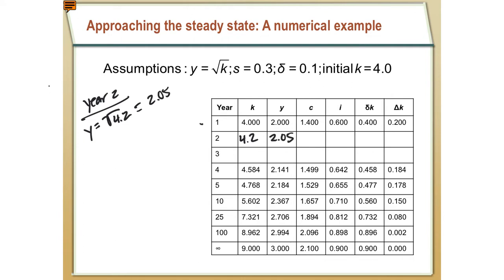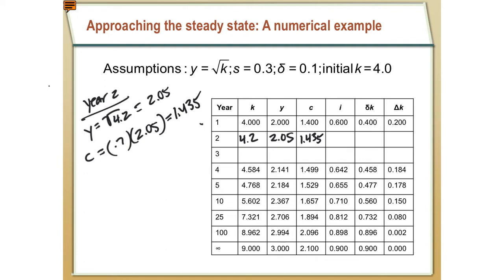Now our consumption is going to be equal to 0.7 times our output, 2.05, which gives us 1.435. So that goes over here. My calculations might be slightly off compared to the ones below in the spreadsheet just because of rounding, but it's going to be very close.